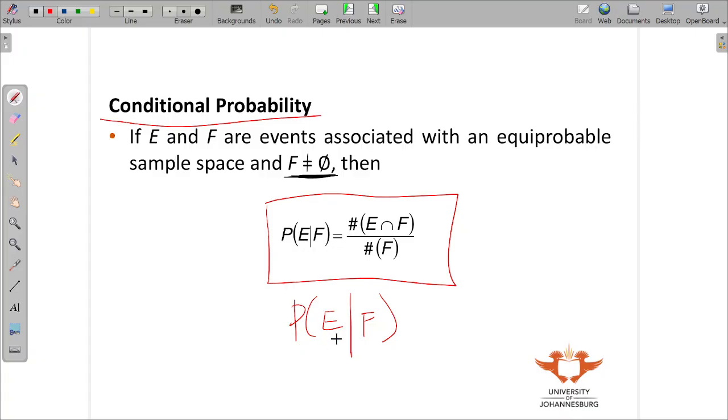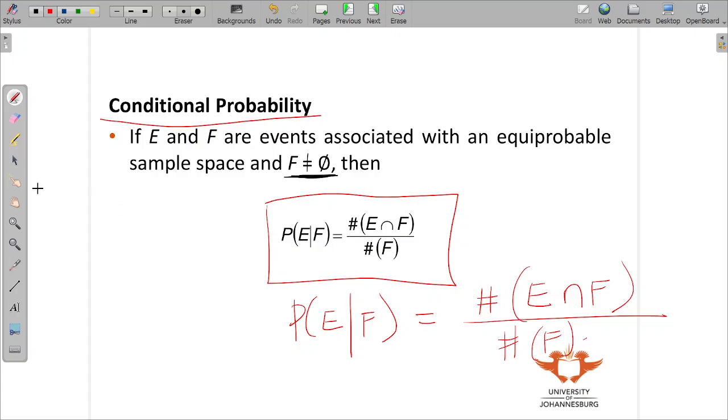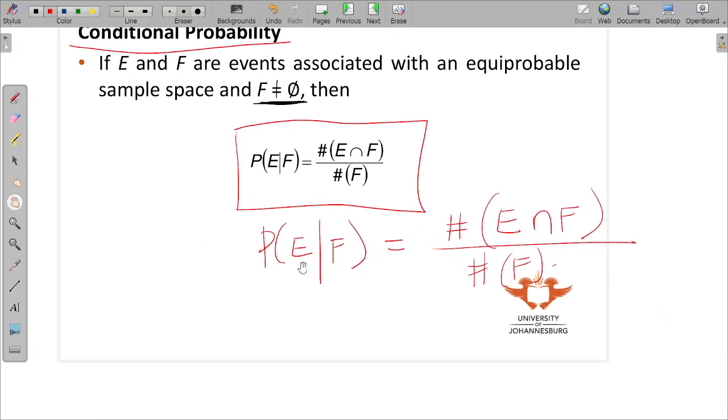The probability we are looking for is the probability of E, but F has already been given. Then we have the formula: the number of E intersect F over the number of F. That is when we are finding the probability of E given F.